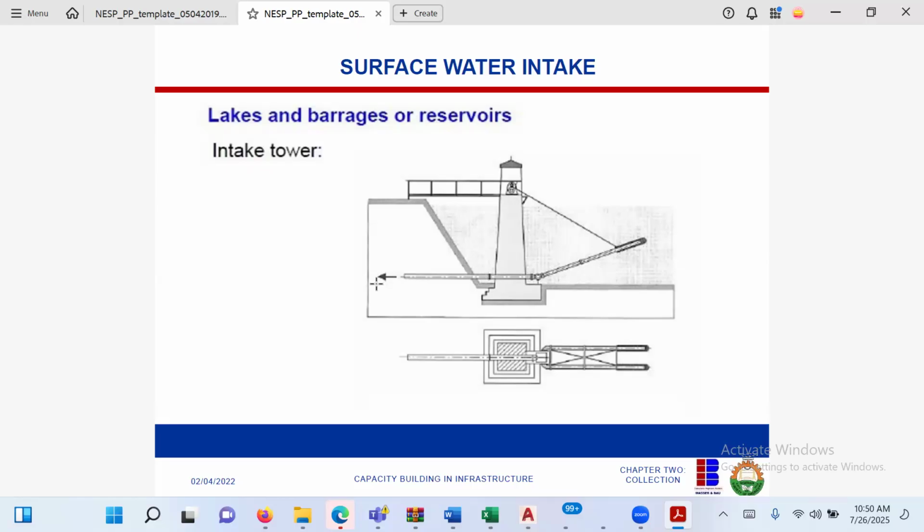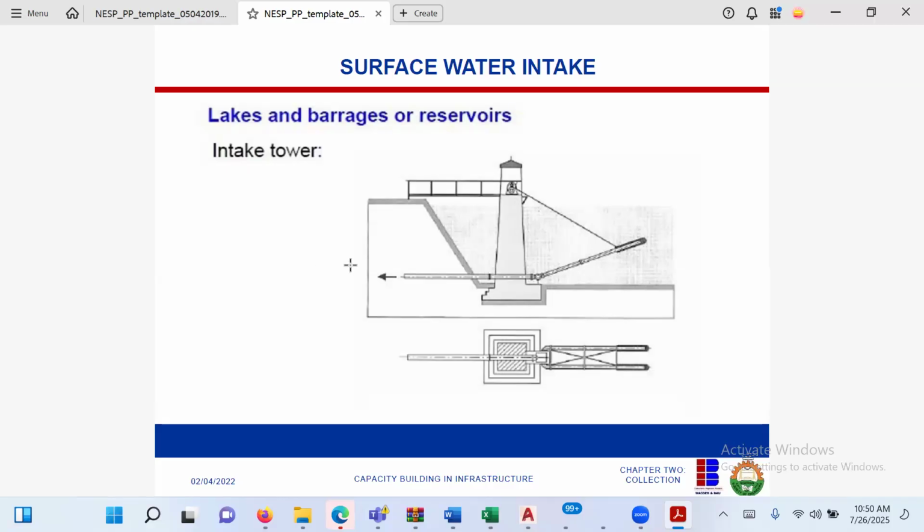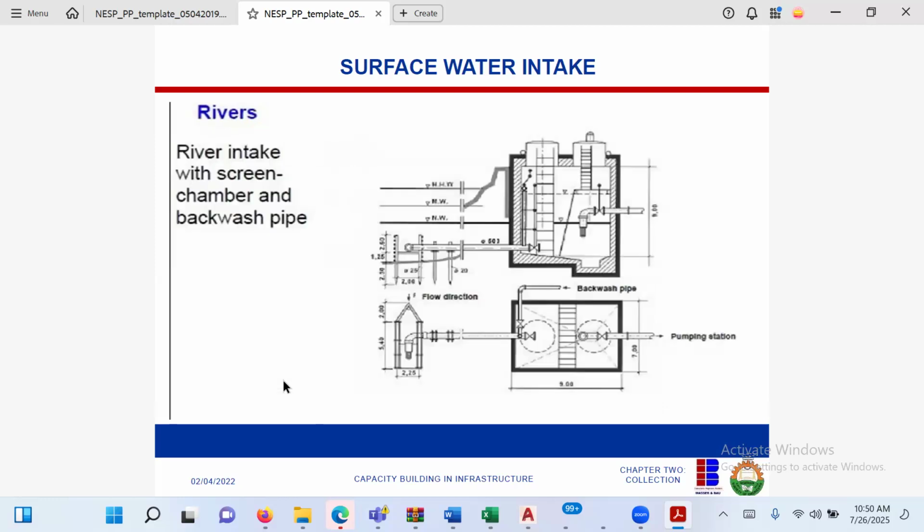Then from here, it goes to further treatment, which basically is going to be any minimal treatment that might be required. Okay, the same thing goes for this one. So you can also see this is surface water. This is the intake structure to help filter. Then from filtering, it comes to this well. From this well, you can pump it out or it can continue to flow.